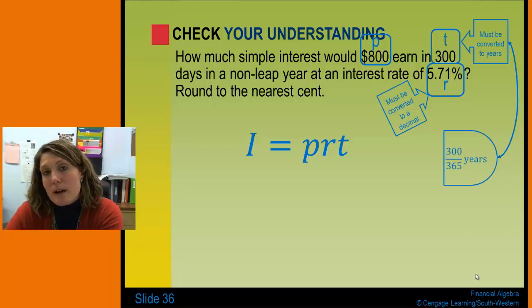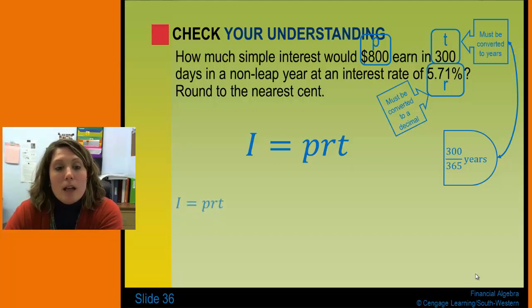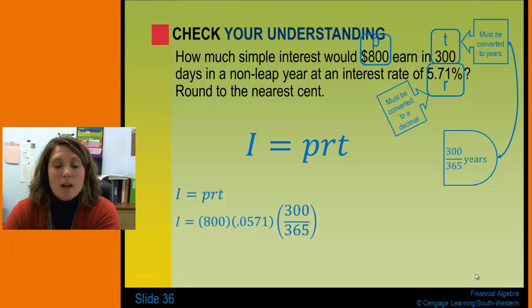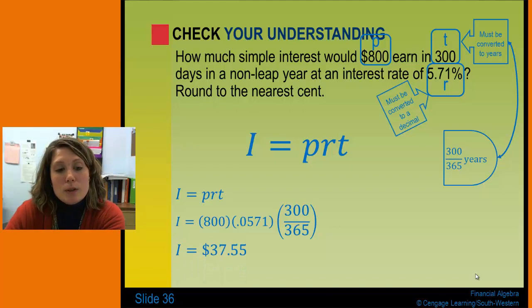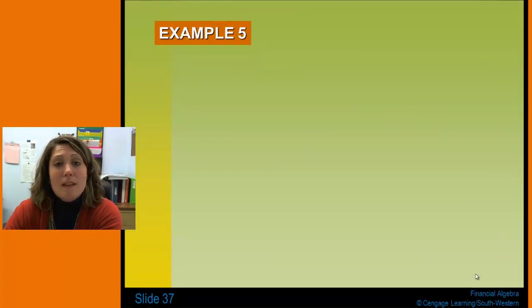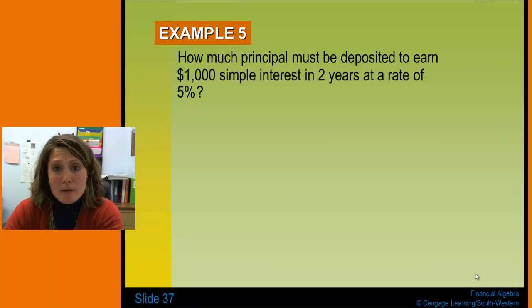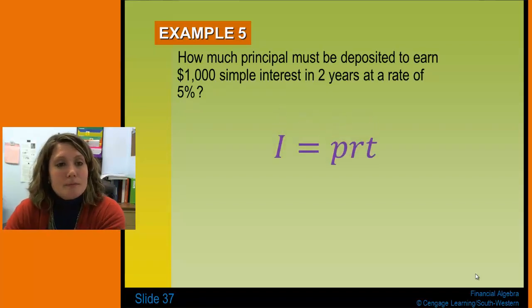So there are 365 days in 1 year, so 300 out of 365. And just start filling in again. 800 times 0.0571 times 300 over 365 for an interest earned of $37.55. And again, I already rounded here for you. These examples are going to become very repetitive. Same formula, just different values that we're going to be plugging in.